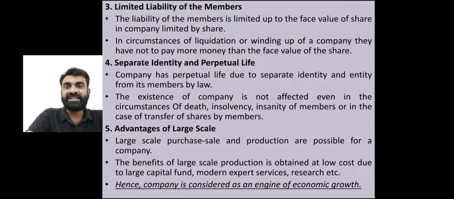Say, ABC Limited, so ABC Limited has a separate identity. And perpetual life means that death, retirement, losing mental balance, exit, or entry is not going to impact the life of the company. It is going to enjoy perpetual life, that means the existence of the company is going to stay for a longer period of time.